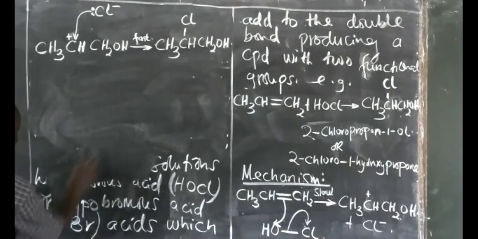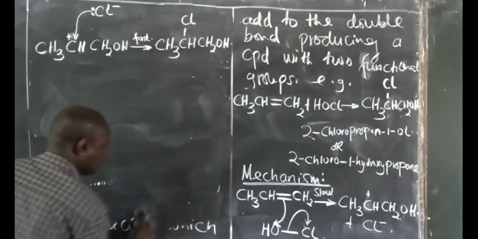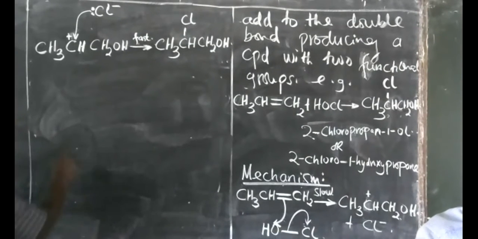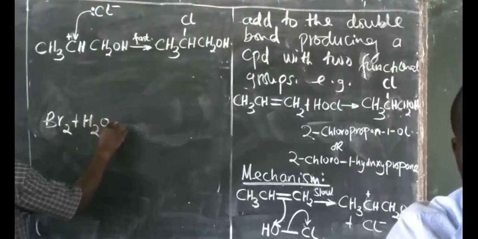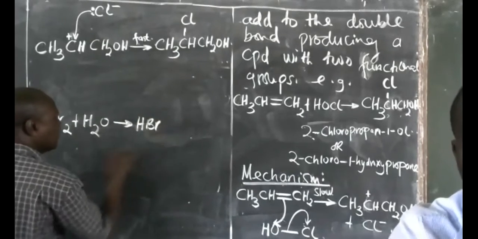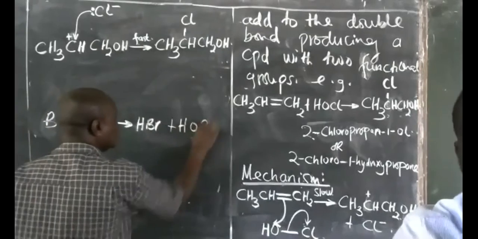Maybe you joined late, but let me repeat. We say that reacting with bromine water, the bromine is going to react with water to give us two acids, hydrobromic acid and then hypobromous acid.